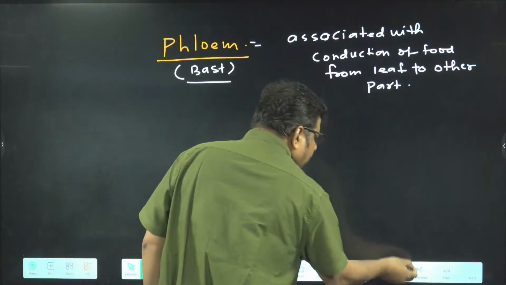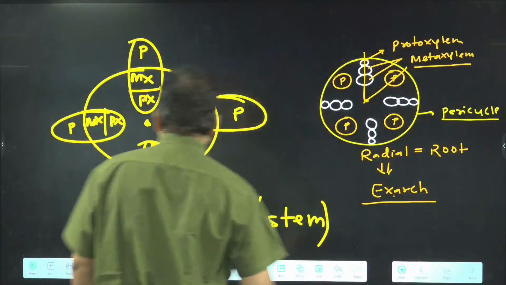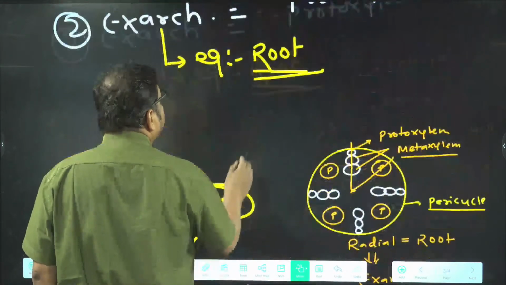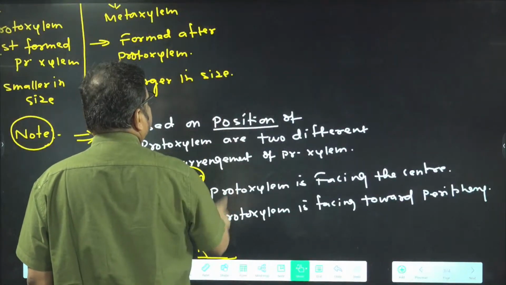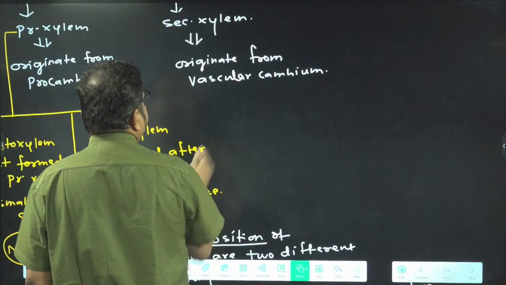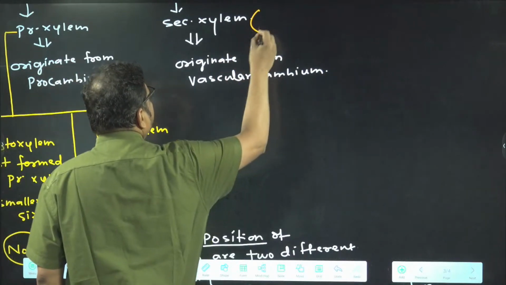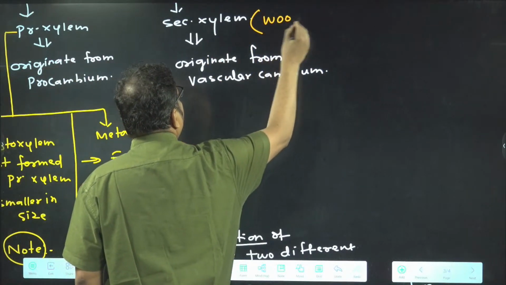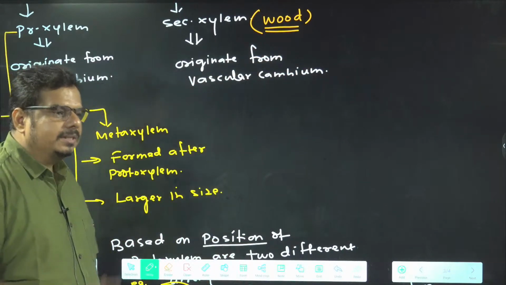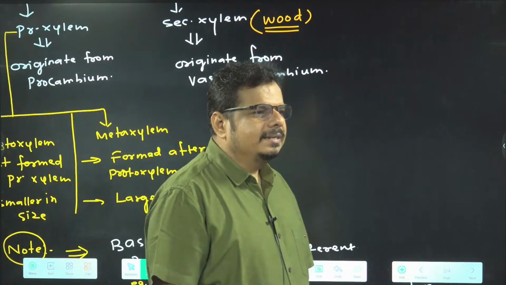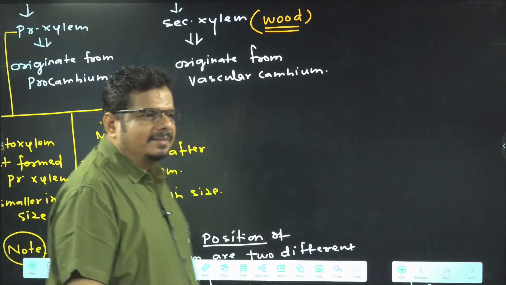One more thing: here in secondary xylem, you better know secondary xylem is also called wood. Keep that in your mind. So all your furniture is made up of wood, means it is made up of secondary xylem. Is it clear?